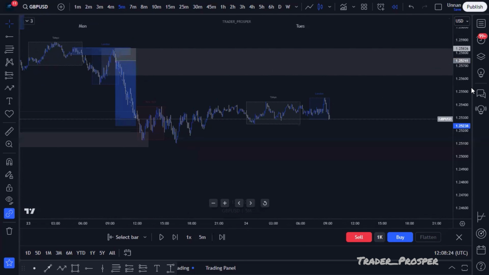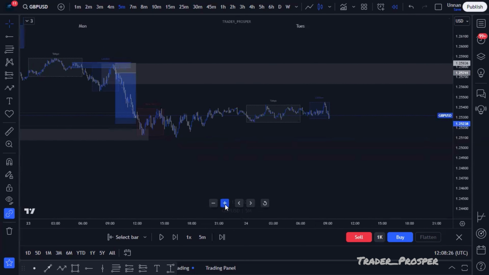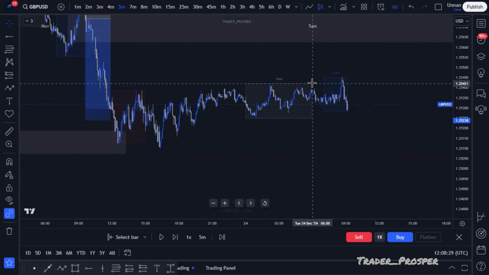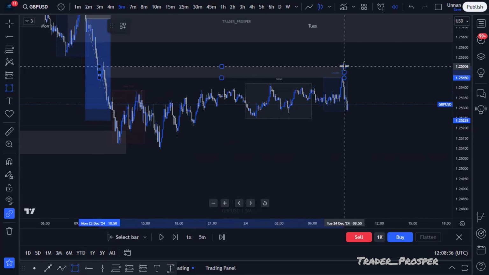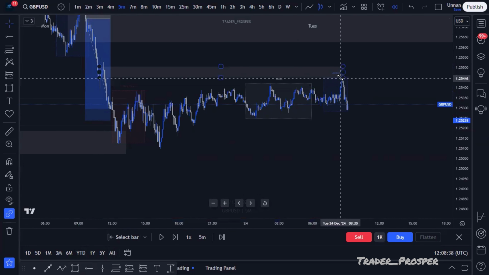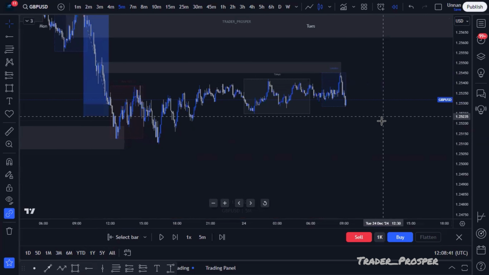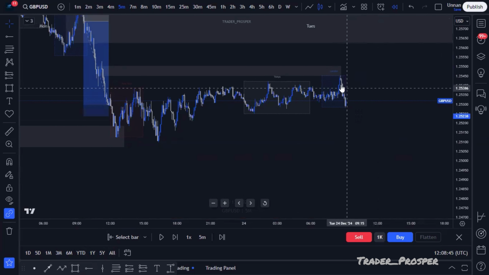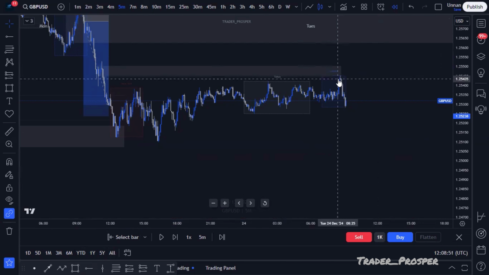Okay, now if you take a look, price did sweep above these secondary highs here, and it did mitigate with just a little touch. But for us to take this, our final confirmation when price sweeps this liquidity area isn't really clear.